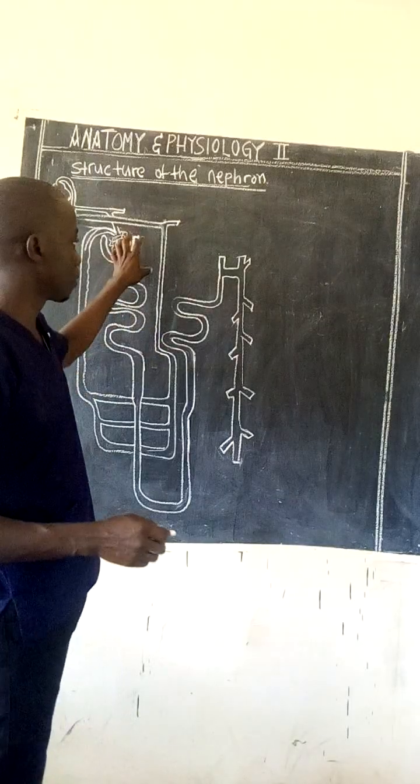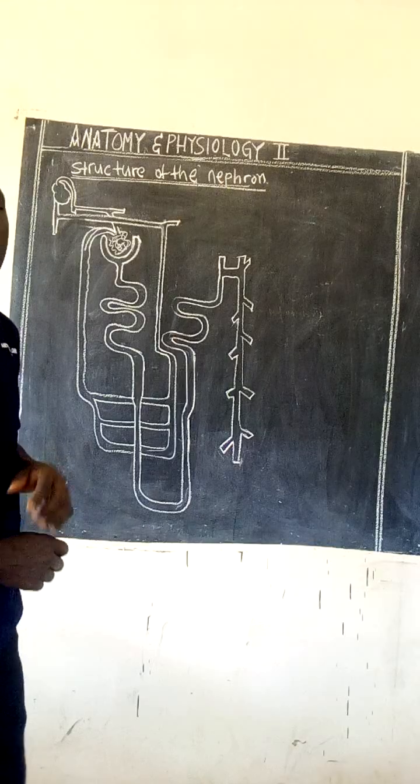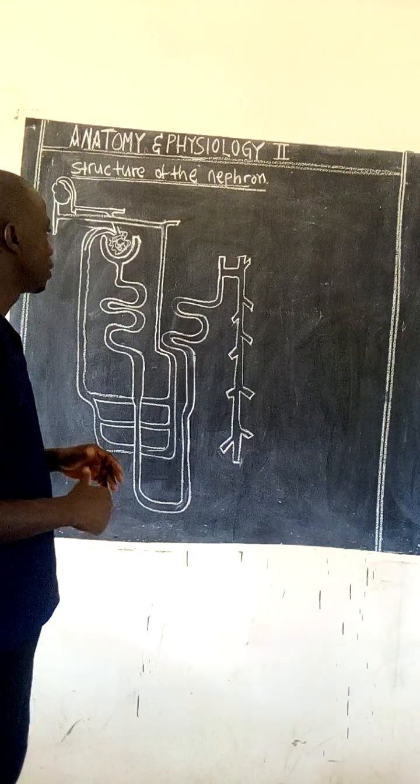And that's why the nephron is considered as the functional unit of the kidneys.